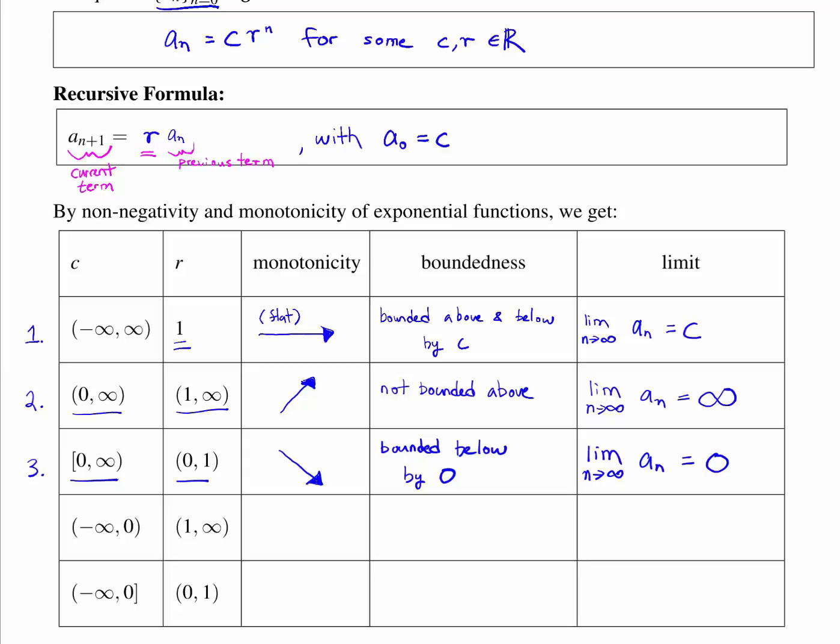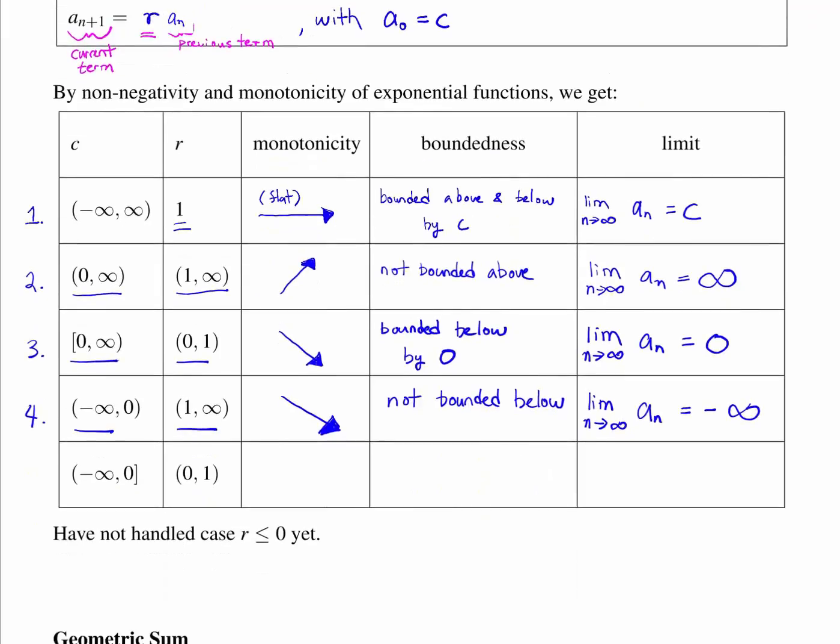And the result of this mirror imaging, in case r is greater than 1, instead of going off to positive infinity, we go off to negative infinity. We diverge to minus infinity. And in the case r is less than 1, we still converge to 0, but we do so by approaching it from below rather than above.